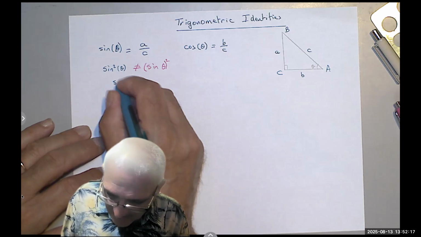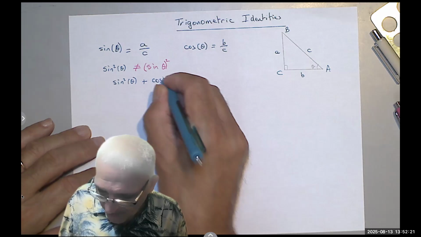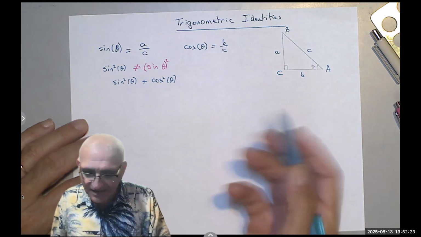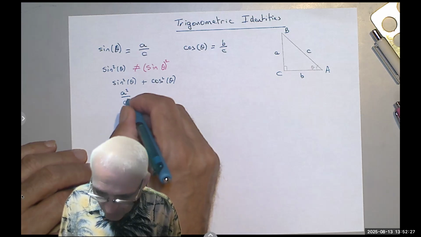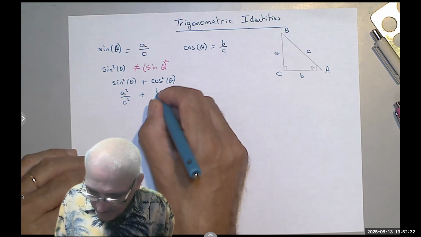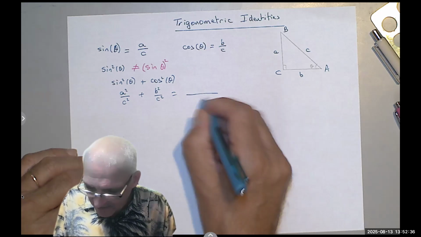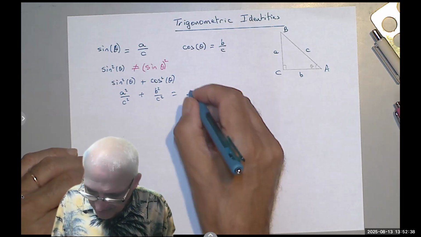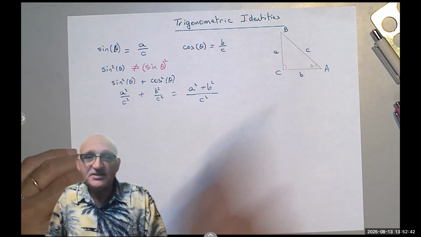Okay, so if I say sine square theta plus cosine square theta, let's write this. So this becomes a square over c square, meaning a over c quantity square, plus b over c quantity square. Meaning I can take a common denominator since it's the same. I can write this as a square plus b square. But what is a square plus b square?